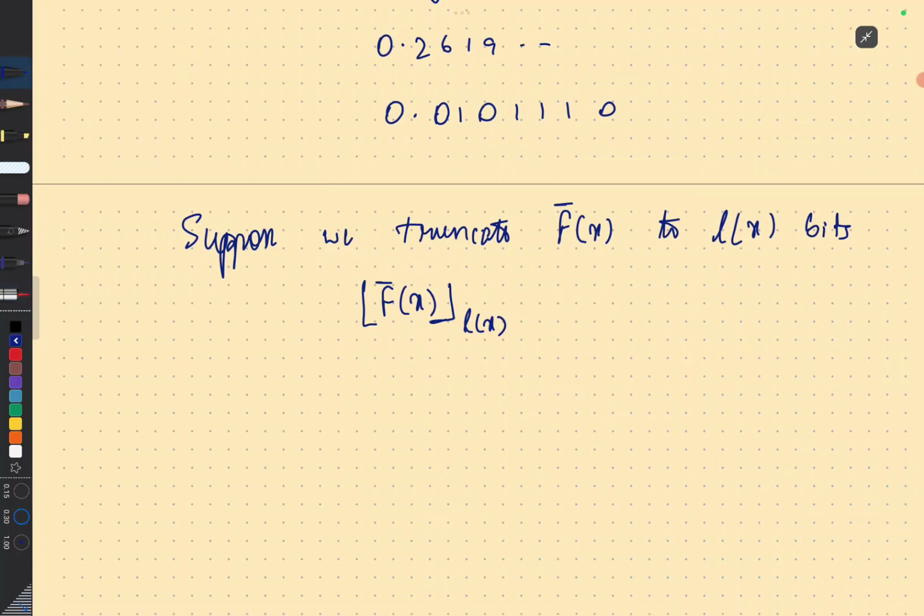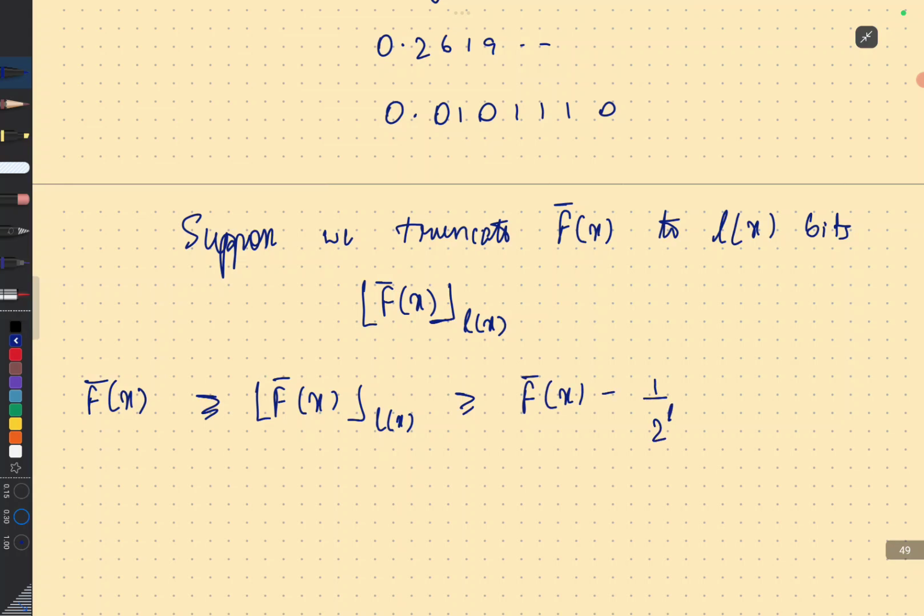Then what I'm guaranteed is that f bar of x truncated to L of x bits, this quantity is less than or equal to f bar of x, because I've thrown away some of the bits after a certain point, but this is going to be greater than or equal to f bar of x minus 1 by 2 to the power L of x.